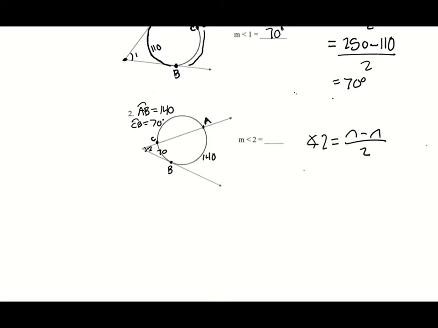In this case, our arc AB, our large arc, is 140, and our second arc is 70. Divide by 2. 140 minus 70 is 70. Divide that by 2, we get 35 degrees. Okay, let's go on to the next examples.